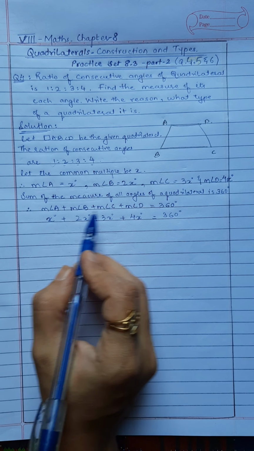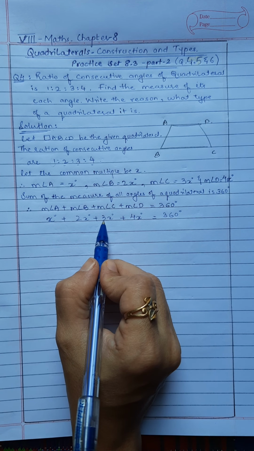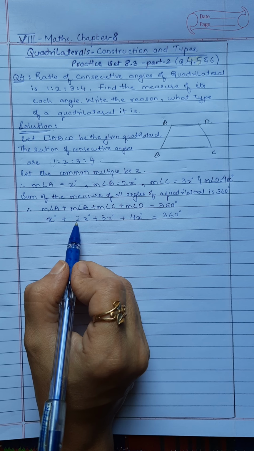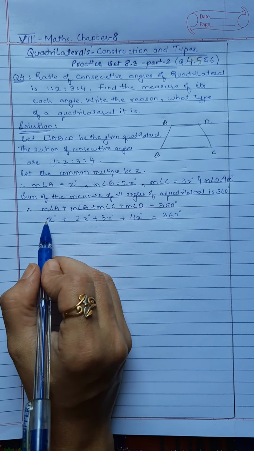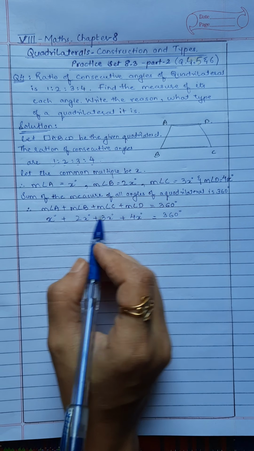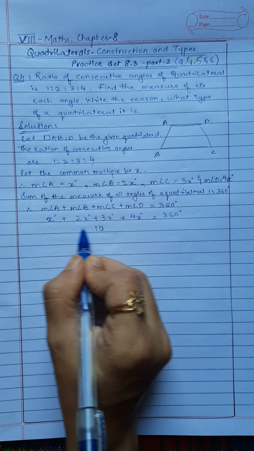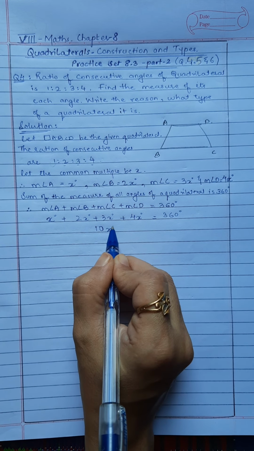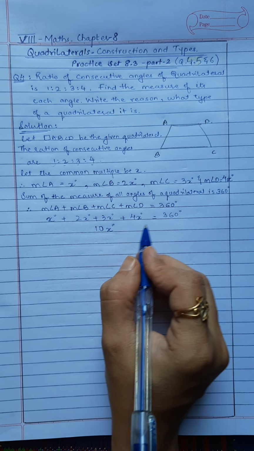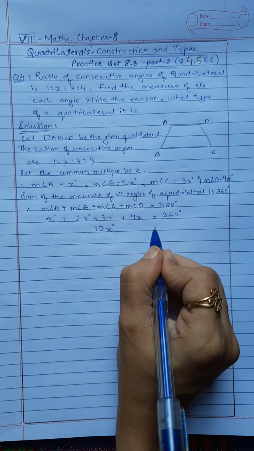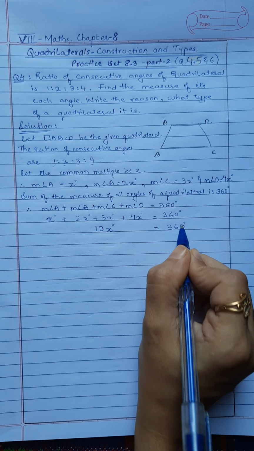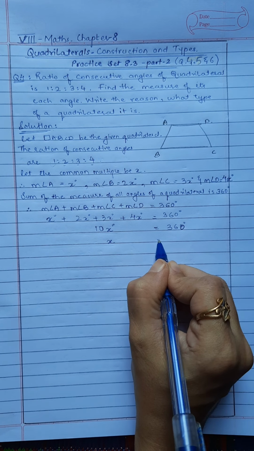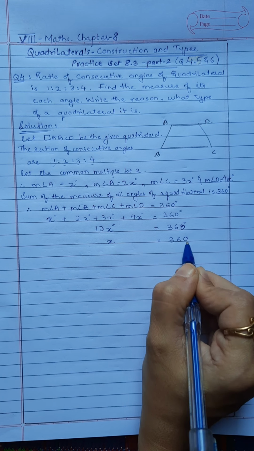Take the sum of all this. 4 plus 3 is 7, 7 plus 2 is 9, plus 1 for x with no number, so it gets 10. X common, write once. So 10x degree is equal to 360 degree.